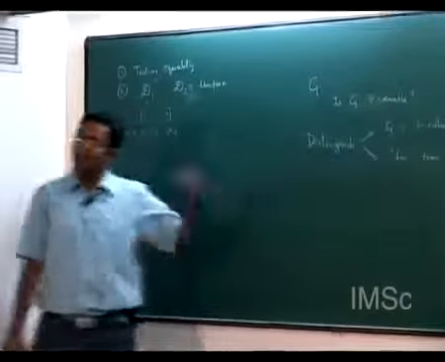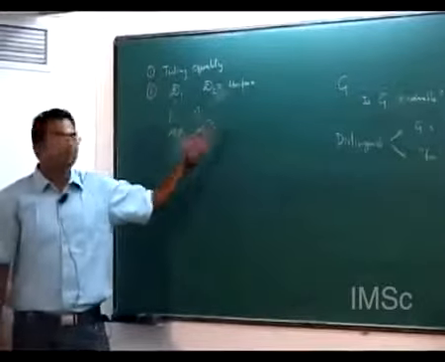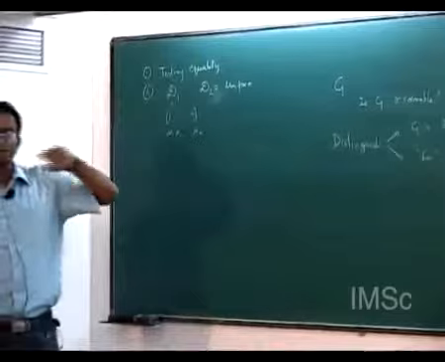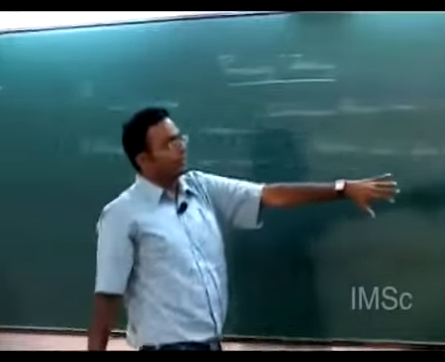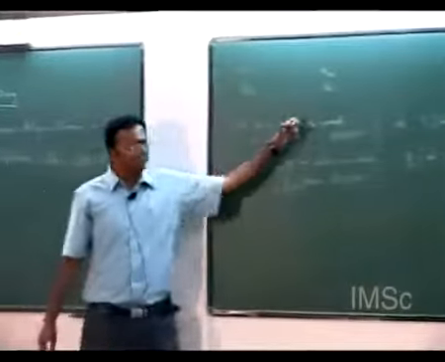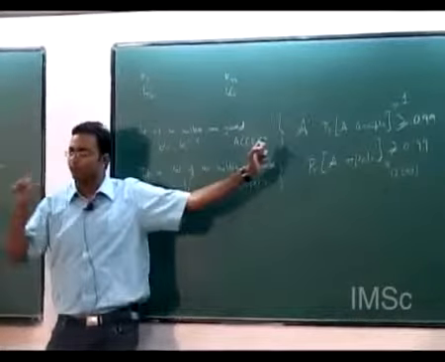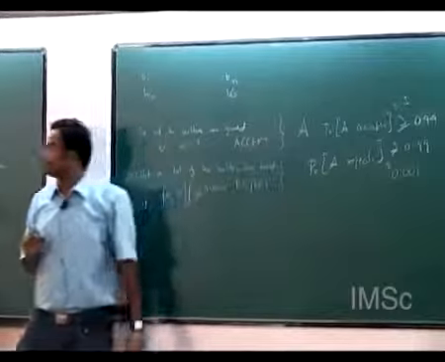Now I will come back to this one after some time, maybe. So here, one thing that we did was that if all the bulbs are good, we are accepting with probability 1, correct?